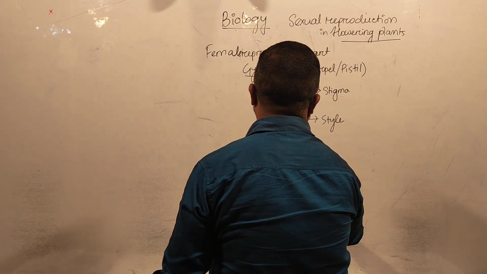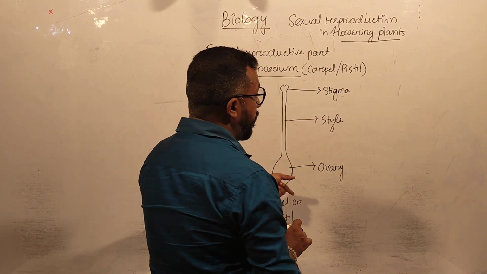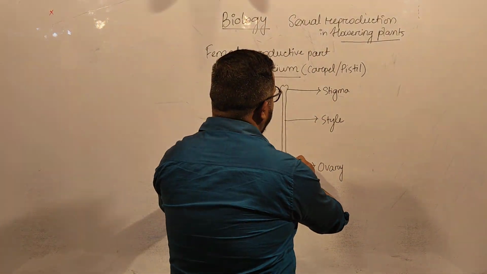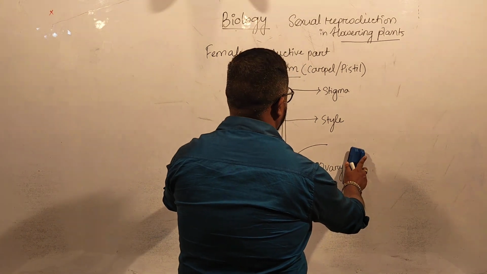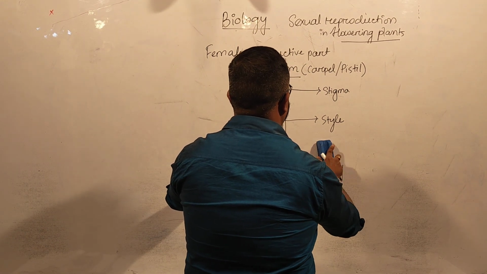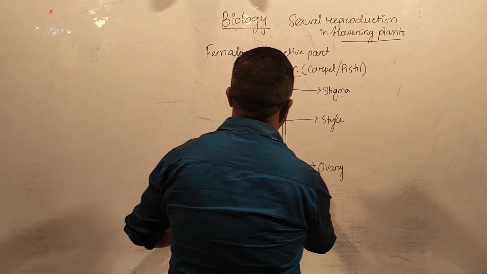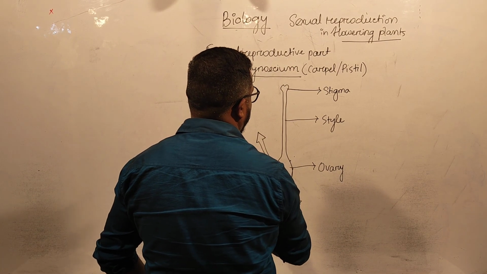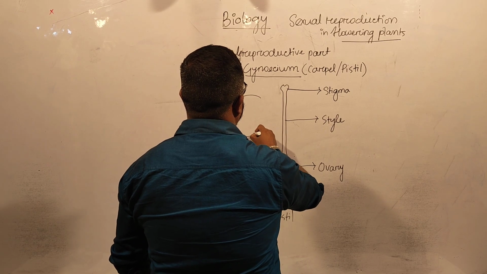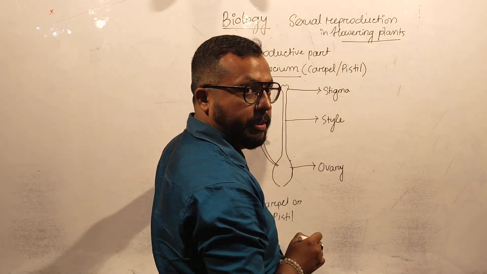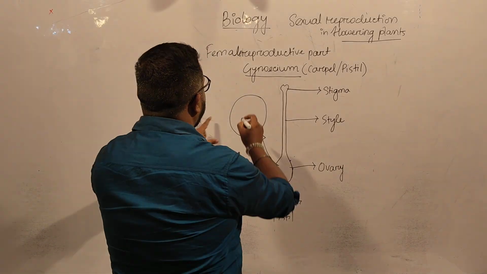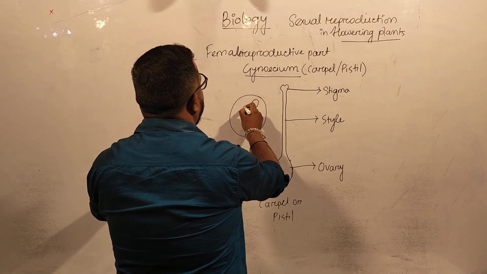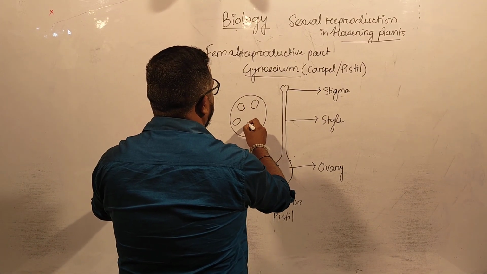What does ovary contain? Now let us look at how an ovary looks. So this is the ovary. If we look at the cross section of the ovary, it looks like this, and it has certain chambers in it.